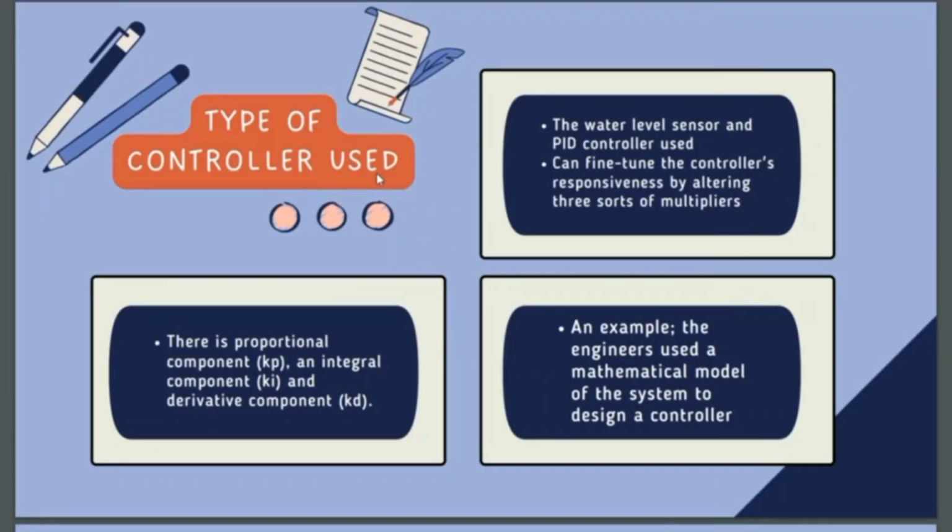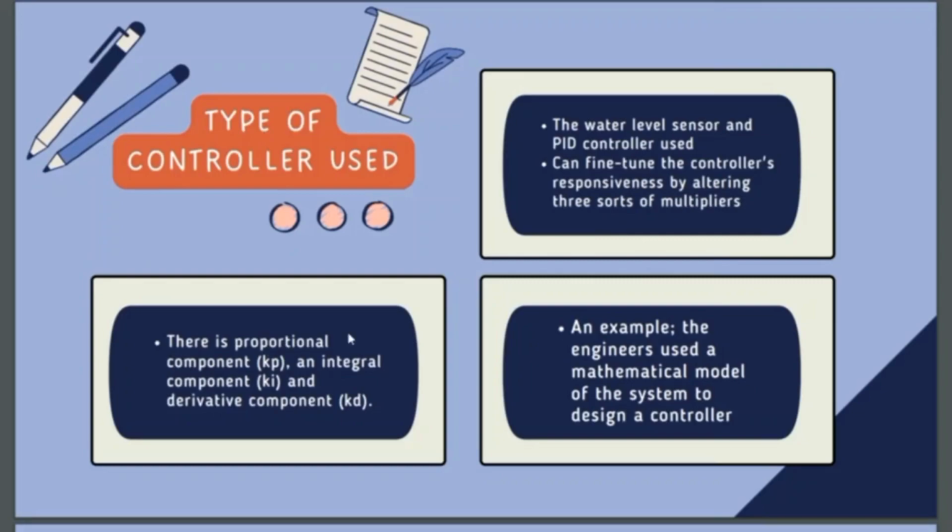In our mini project, which is the water level controlling system, we are using the water level sensor and PID controller. It can fine-tune the controller's responsiveness by altering three sorts of multipliers.